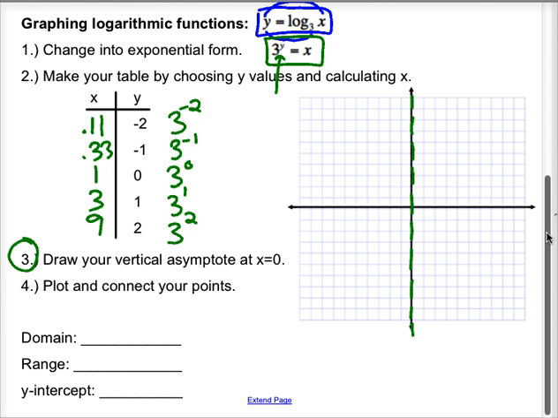So 0.11, negative 2 will put me right there. 0.33, negative 1, 1, 0, 3, 1, and 9, 2. And it wants me to connect my points, so I'm going to connect them.